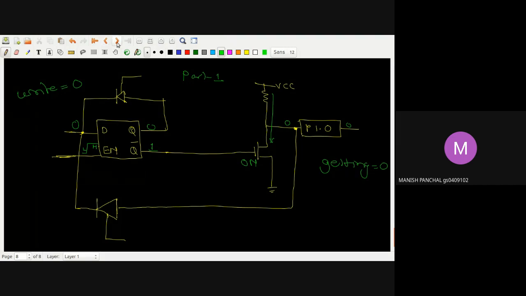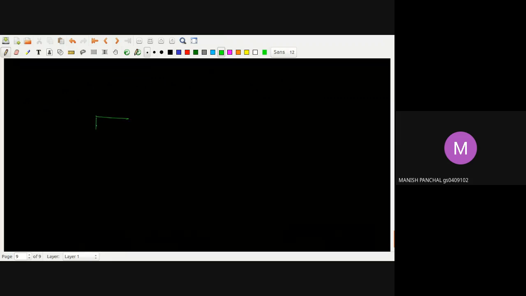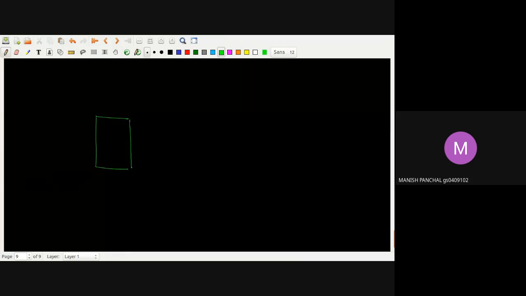I will draw the circuit once again. So this is my D flip flop, D, Q and Q bar, and here this is my enable pin. So this is like this. This is my Q bar. This Q is connected here with one tri-state buffer.